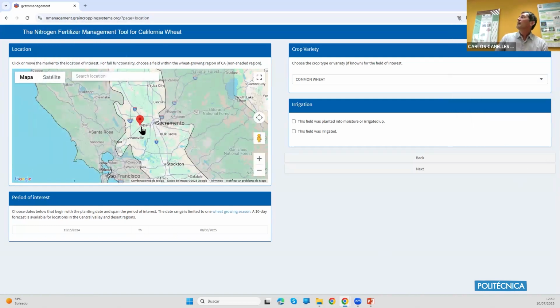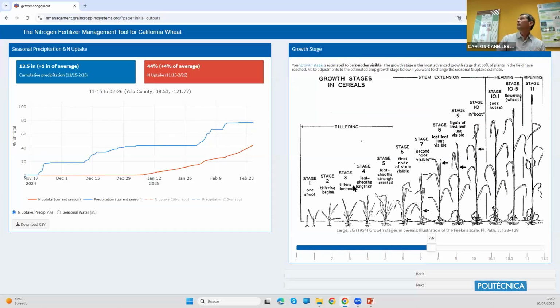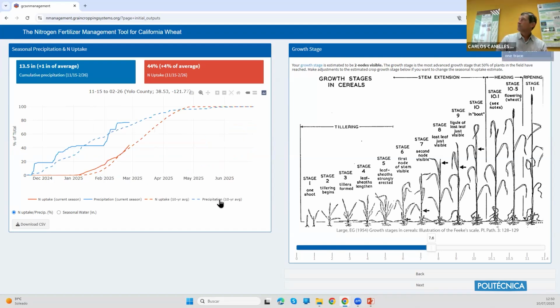It allows the farmer to select their location and the date range of interest, and based on some agronomic models running in the background, we're able to give them a site-specific estimate of what their nitrogen use looks like at that moment, and how that compares to historical averages.